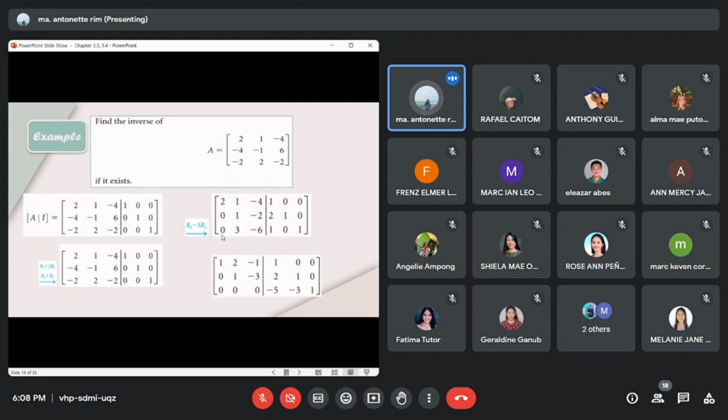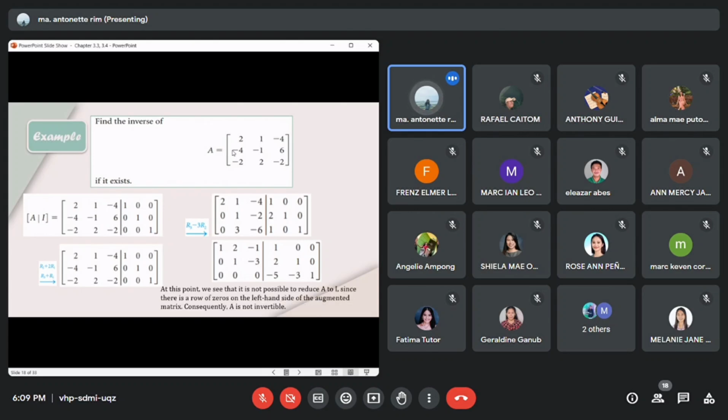So ato ang resultant matrix: 0, 0, 0. Kay 0 man ang tanang element sa aning row 3, dili possible nga maka-create ta og identity matrix. So therefore this matrix A does not have an inverse. So dili siya invertible.